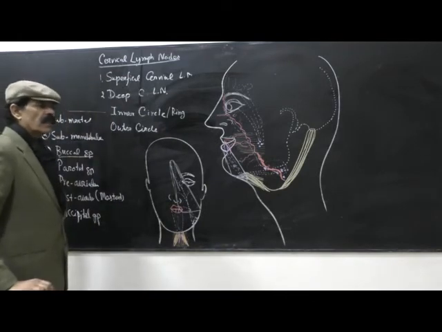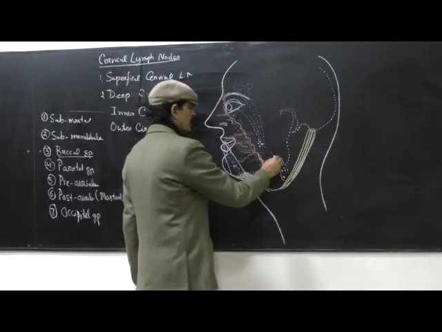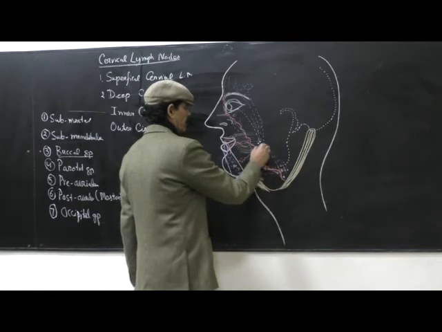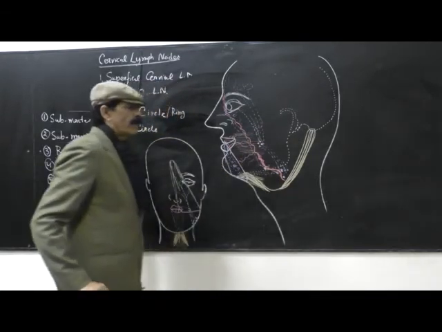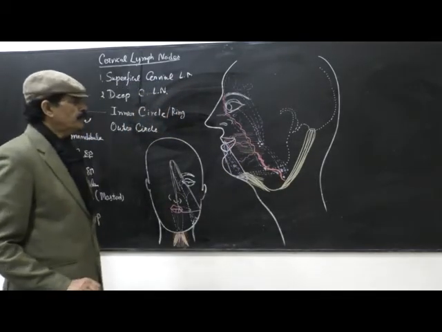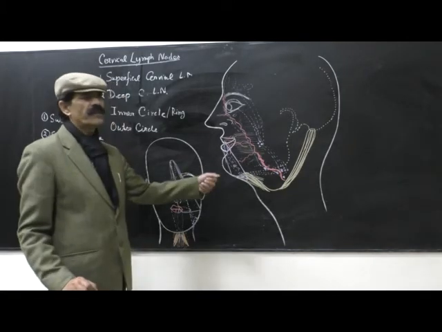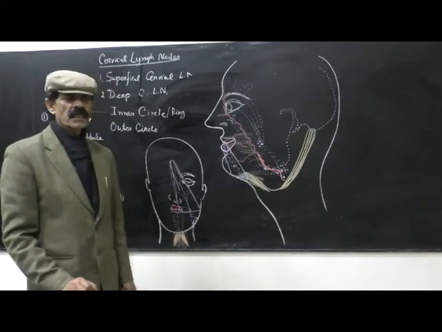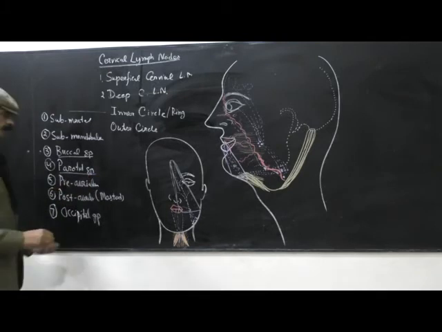So lymph collected from here ultimately goes to the submandibular group of lymph nodes. So this is how the buccal group receives almost the whole of the face as well as the paranasal sinuses.